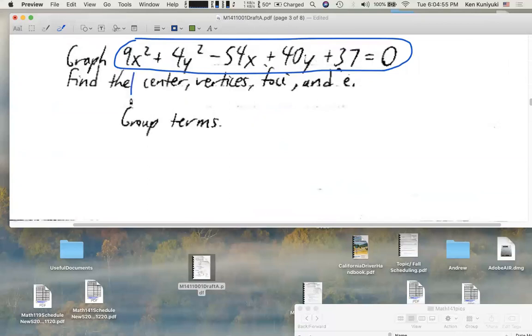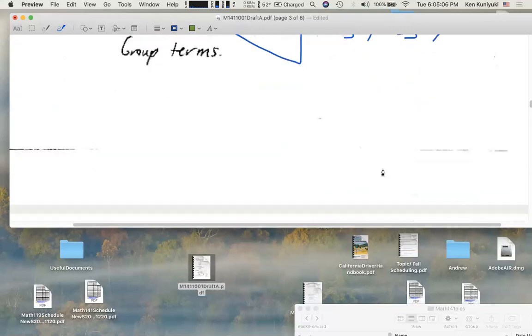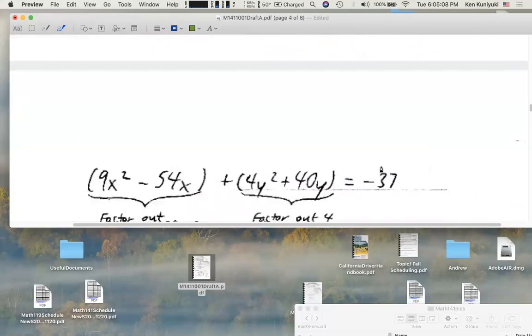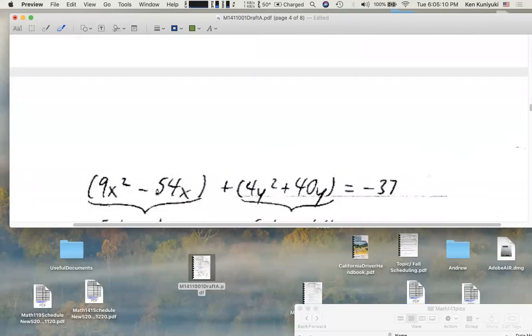So I'm grouping these two, and then I'm subtracting 37 from both sides, so the non-zero constant is on the right side. Okay, so group in X and X squared, group in Y and Y squared, non-zero constant over here. And don't forget that right side, by the way.